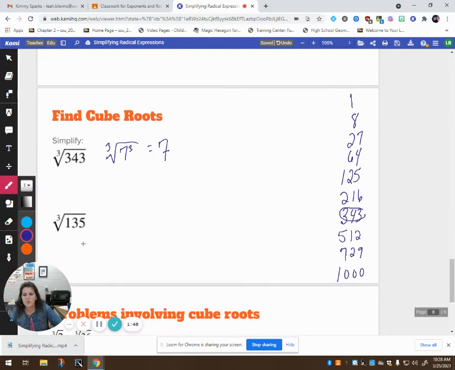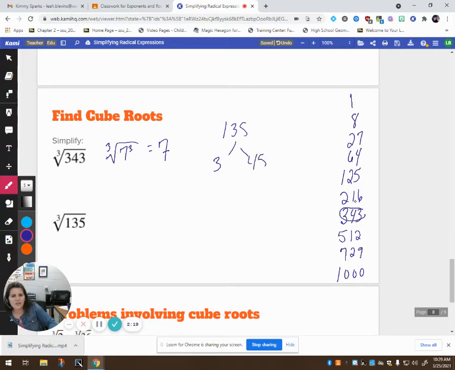Okay, let's try the cubed root of 135. Well, we're not so lucky this time, right? 135 is not on here. But we can see, is 135 divisible by any of these perfect cubes? We can do the prime factorization. 135 divided by 2 doesn't work, but 135 divided by 3 is 45.